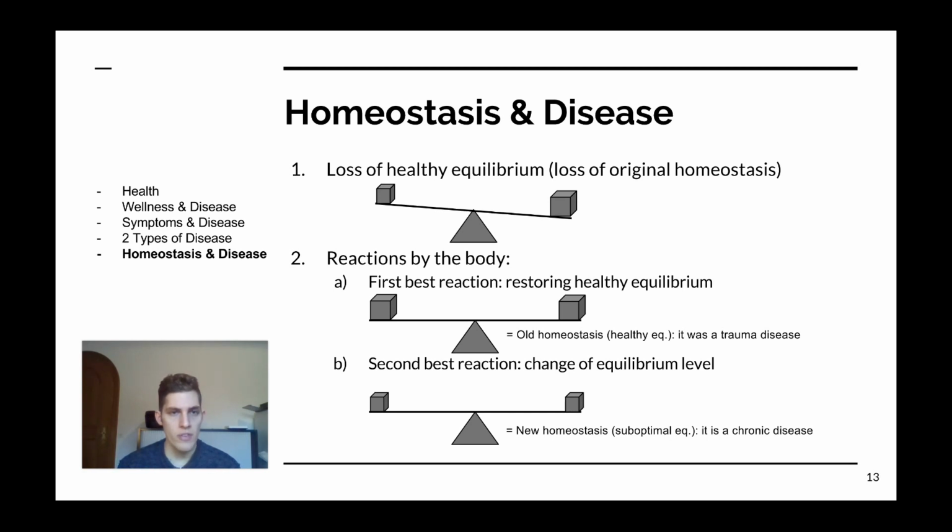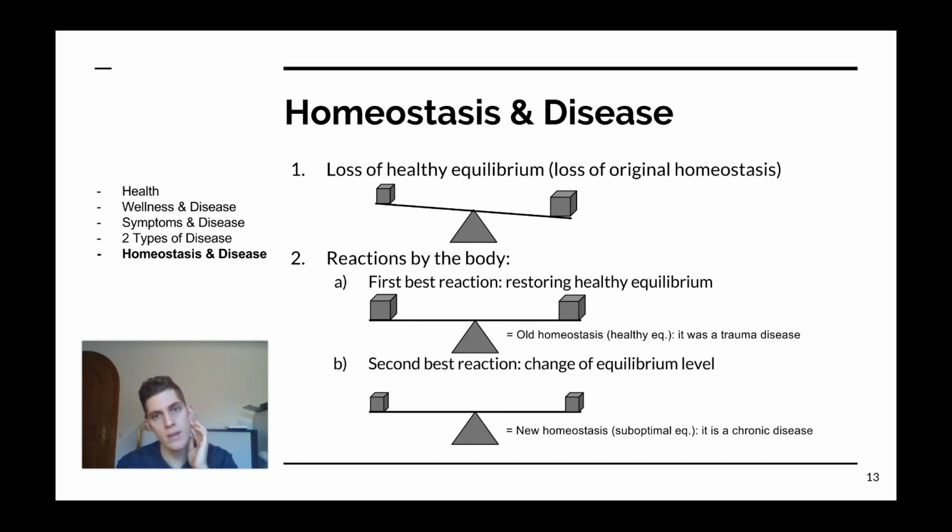So the first example: let's imagine it's summer and we're going for an evening run. We put on our shoes, we exit the house, and we start running. Let's say we are running at a speed of 10 kilometers per hour, and this is our healthy default equilibrium.